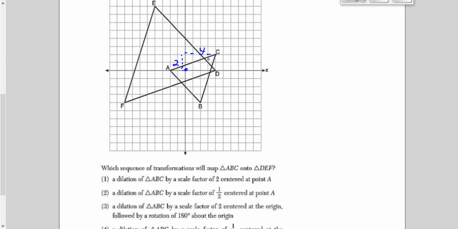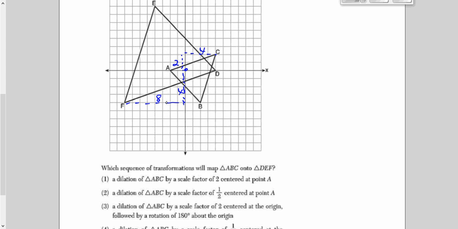Now, what corresponds with C? F, right? So now what's this rise? Well, let's not think about negative now. What's that distance? 1, 2, 3, 4. And what's the new run? 8.